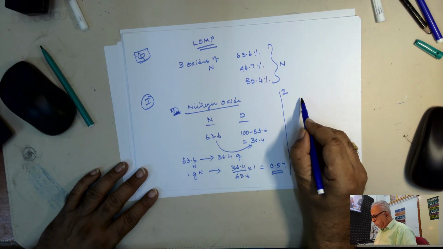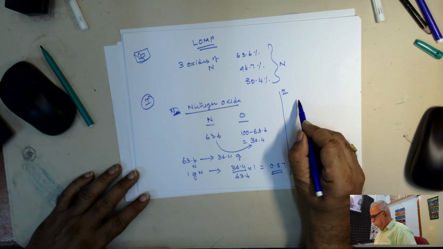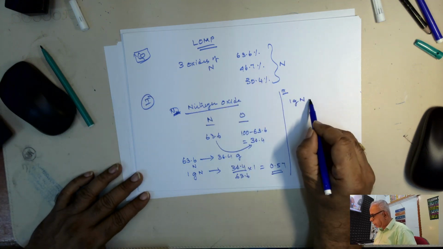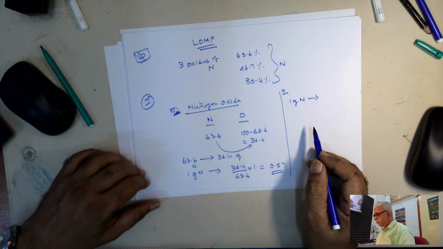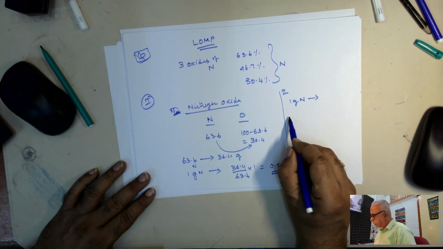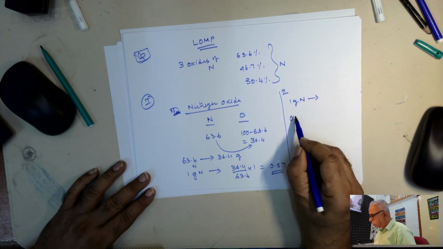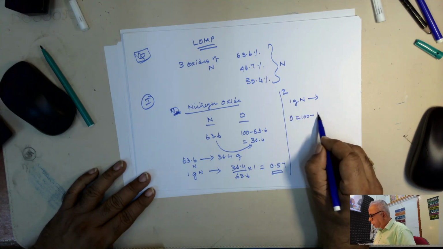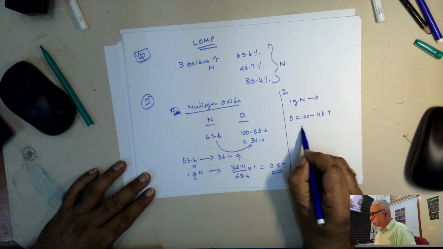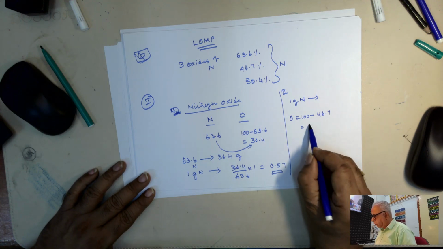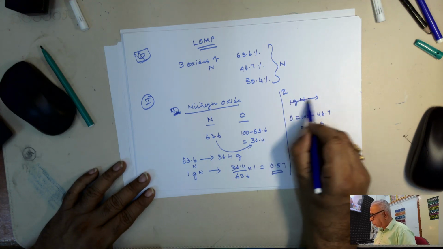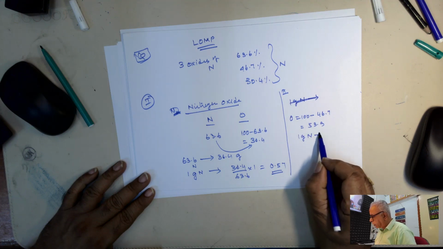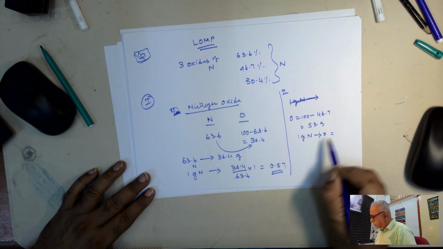Similarly, in the second case, 1 gram of nitrogen reacts. First, you have to find out the oxygen percentage. So oxygen is equal to 100 minus 46.7. So that is 53.3. So 1 gram of nitrogen reacts with how much oxygen?